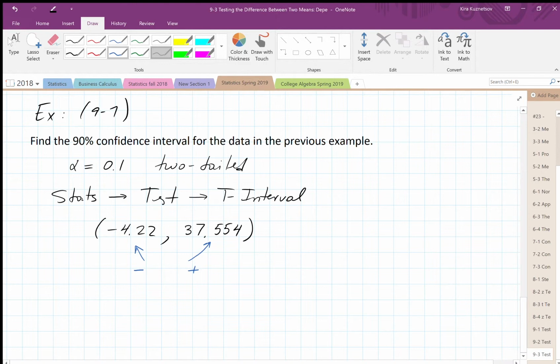And on this side, it looks like mu1 is greater than mu2, so it lowered the cholesterol for some people. It does look like it's leaning towards lowered cholesterol, but the fact that I'm jumping between a negative value to a positive value does suggest that there is no change. I'm not seeing anything.